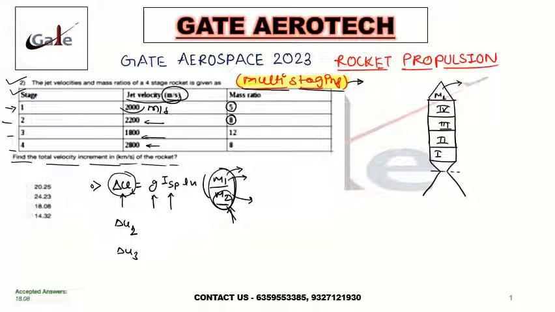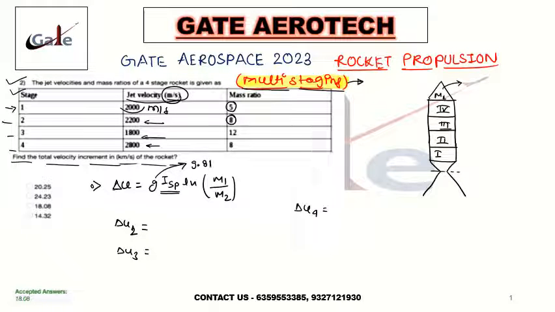Depending on that you will get some velocity, and it also depends on specific impulse and gravity. This is the formula we have. We have to calculate the whole change in velocity of all four stages together. They have not given the gravity, so we have to assume it as 9.81.